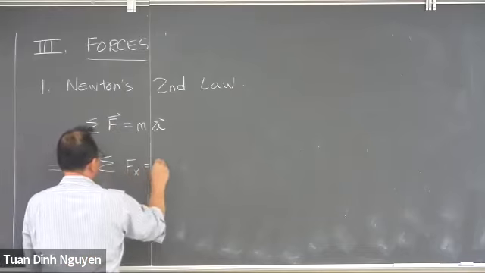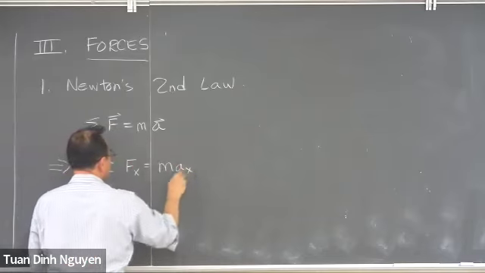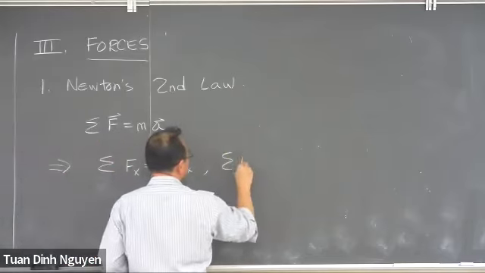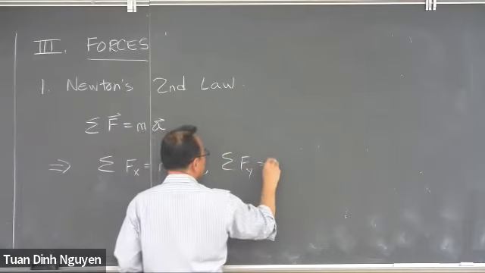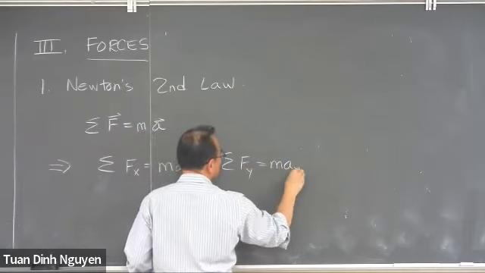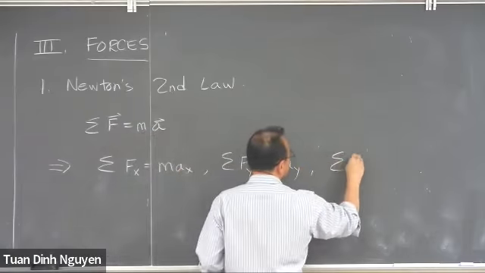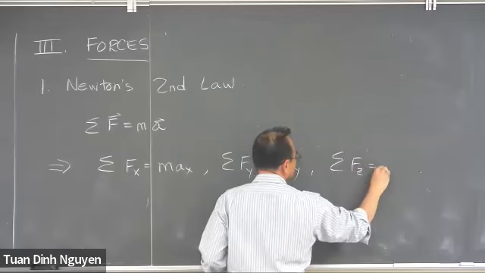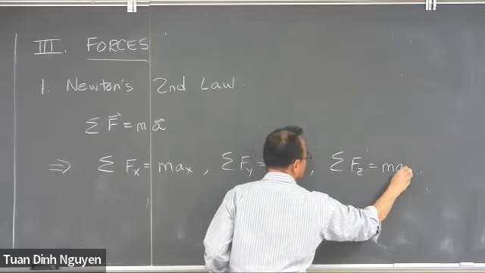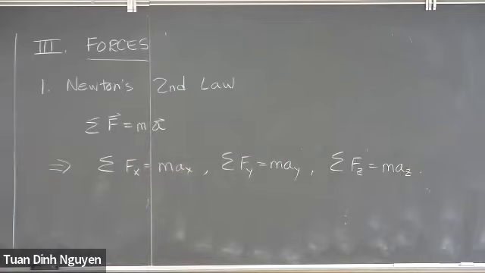So the sum of the forces in X equals ma in X, the forces in Y equals ma in Y, and the sum of the forces in Z equals ma in Z. So you have to satisfy the equation in all three components. And if you have more than one object, then each object must satisfy it.